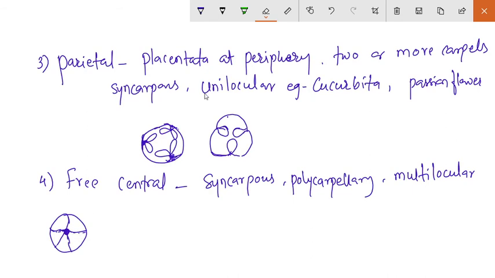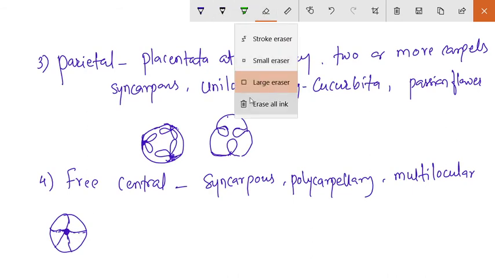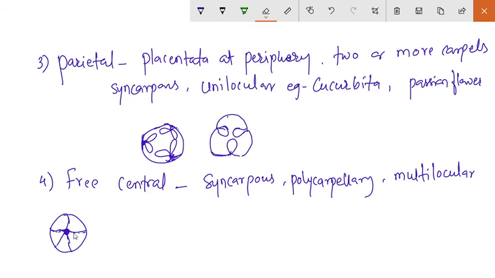इथे काय होतं, या ठिकाणी ही जी पार्टिशन वॉल आहे, हे पार्टिशन वॉल काय होतात, लॉस्ट होतं. ओके. दिस पार्टिशन वॉल इट गेट लॉस्ट. आणि या ठिकाणी मग हे लॉस झाल्यामुळे काय होतं, फक्त त्या ठिकाणी सेंट्रल ऍक्सिस राहतो. इट सेंट्रल ऍक्सिस ओनली रिमेन इन द सेंटर. ओके. अँड ऑन दॅट सेंट्रल ऍक्सिस द ओव्हिल्स दे आर अरेंज्ड विथ द हेल्प ऑफ प्लासेंटा.